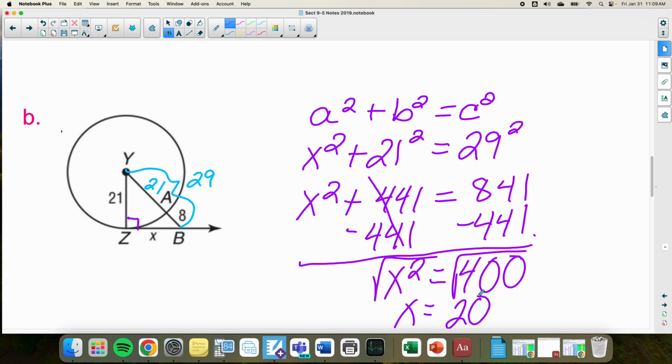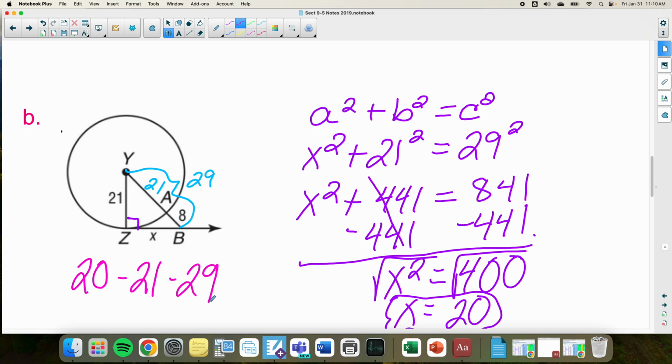Okay, now one thing I can tell you guys, if you ever get a whole number and your other two sides are whole numbers, that means that that's a Pythagorean triple. And if you wanted to add this one onto your sheet, 20, 21, 29 is a Pythagorean triple.